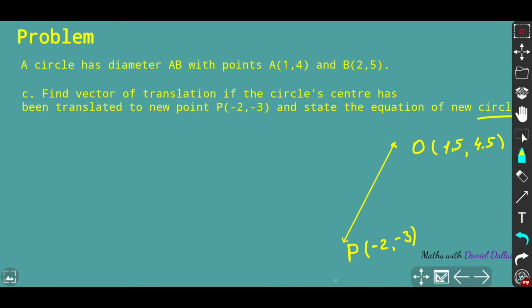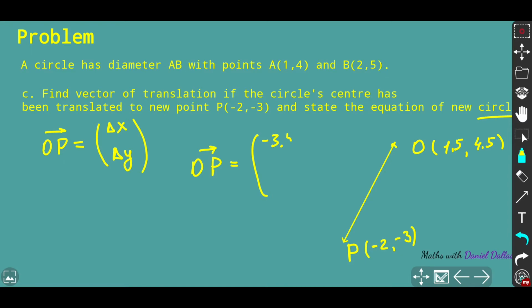Hence we need to find the coordinates of the vector of translation, which is simply the change in x and change in y. So we need to take the change in x and change in y and calculate. -2 and -1.5 gives -3.5.